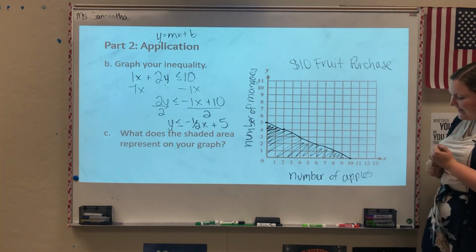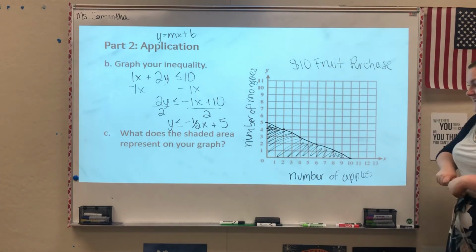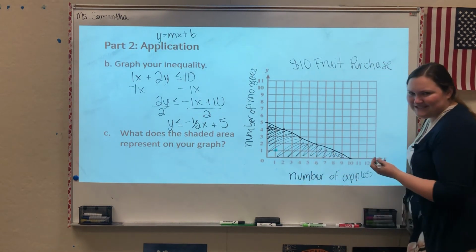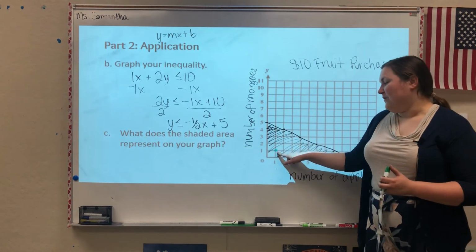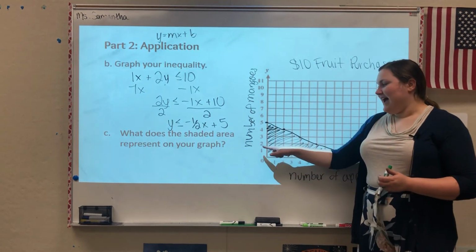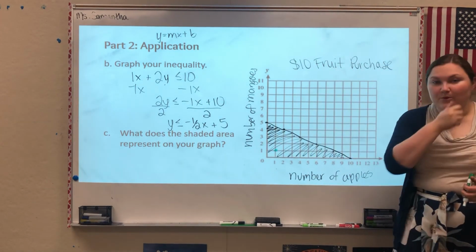So if I'm looking at this graph here, one point that I notice is shaded in is the point right here, at 1, 1. What that is telling me is I could buy 1 apple, I could buy 1 mango, and I'm not spending more money than what I've got.